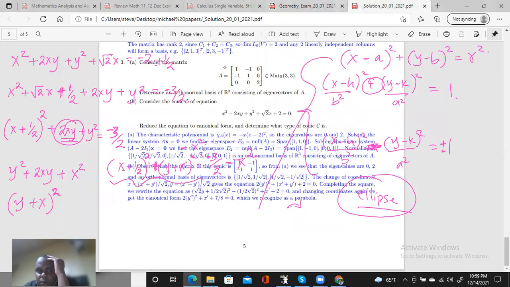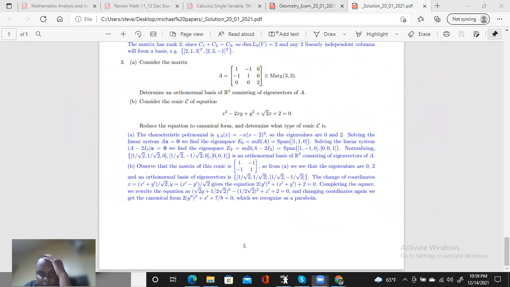As I remember, I'm not sure, but we took only the quadratic part, which would be x squared minus 2xy plus y squared. And we did something with this, and then something with the other ones, which is square root of 2x plus 2.